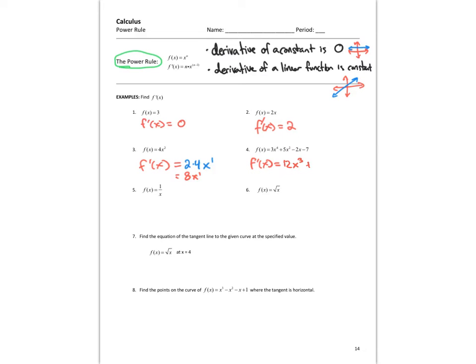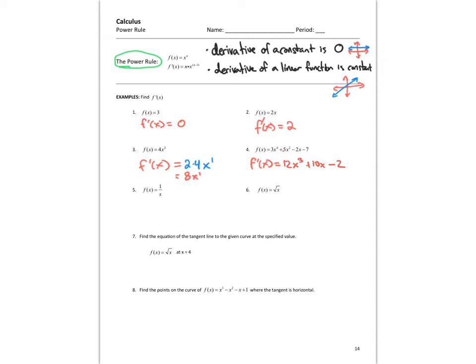And I do plus, and I go do the next term. 2 times 5 is 10x to the first, because I subtracted 1 from the exponent. And then I have minus 2x, so the derivative is just 2. And minus 7, the derivative of that is 0. I'm not going to write plus 0, so there's my answer.